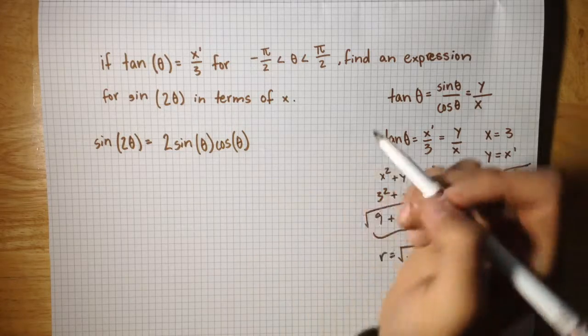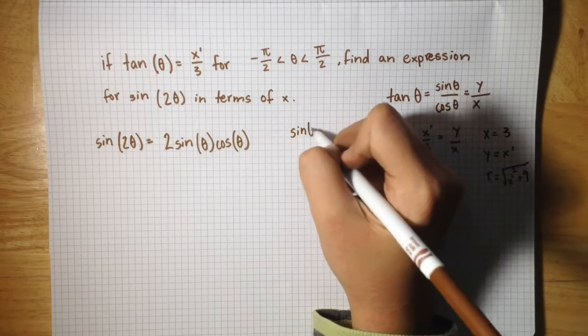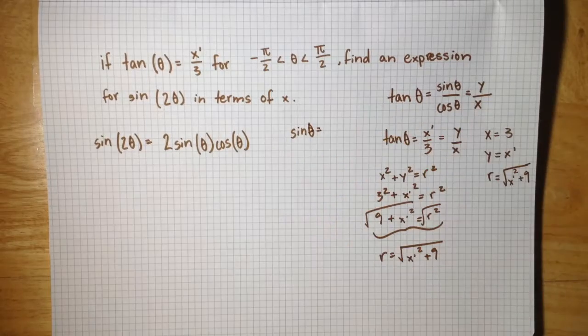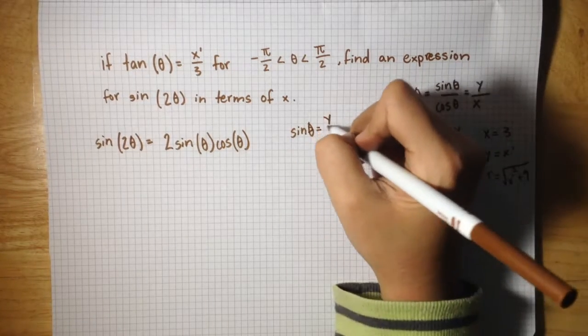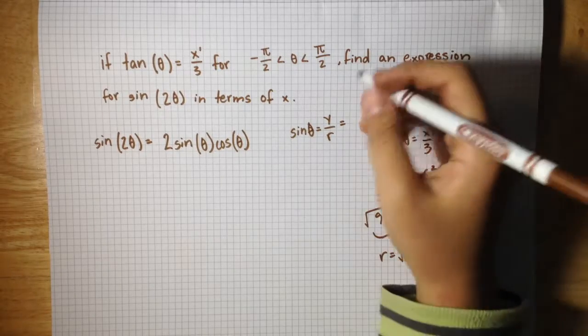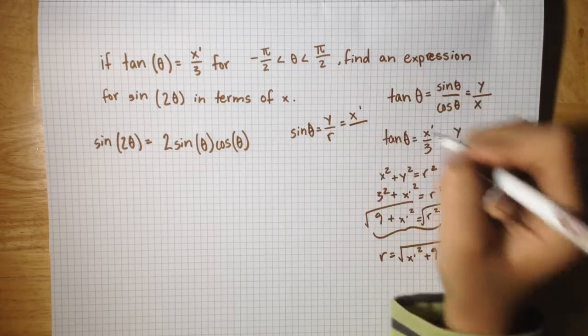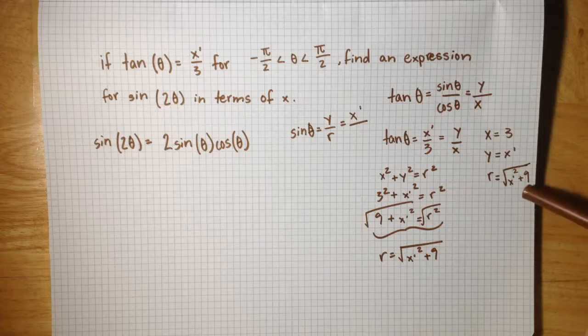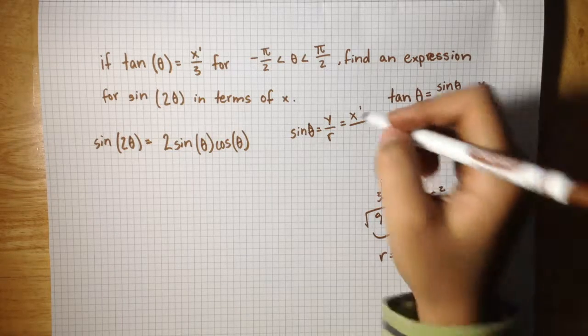The sine of anything is equal to its y value over its radius. y is x prime, and r is the square root of x prime squared plus 9.